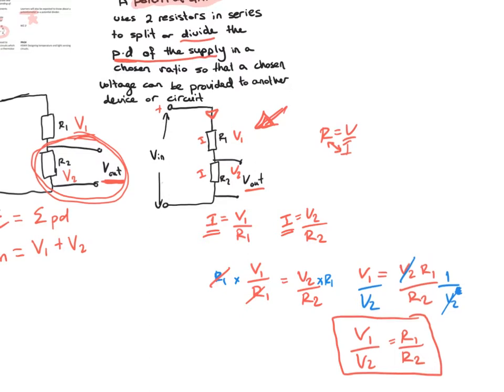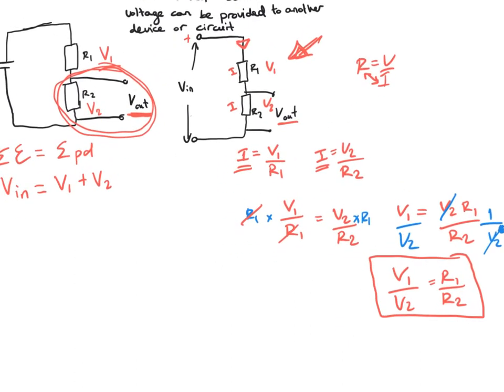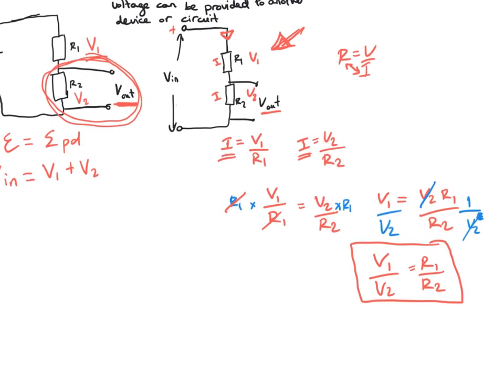Now, how can I use other values to get through to this one as well? Well, the same thing can apply in terms of current going through the whole circuit. So the total current, which is the same as the current going through R1 and R2, can be linked to the total resistance of the circuit and the total potential difference in the circuit, which is V in.